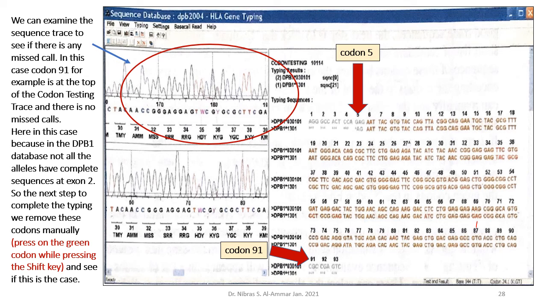appears as incomplete typing. So the next step to complete the typing is to remove these codons manually, codon 5 and codon 91. Press on the green codon while pressing the Shift key and see if this is the case. We omit this, delete this codon, remove it from our sequence.